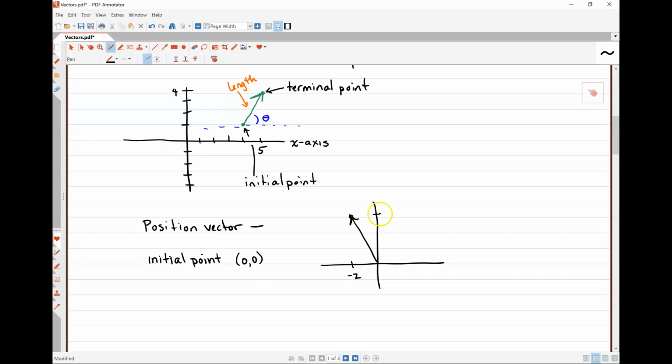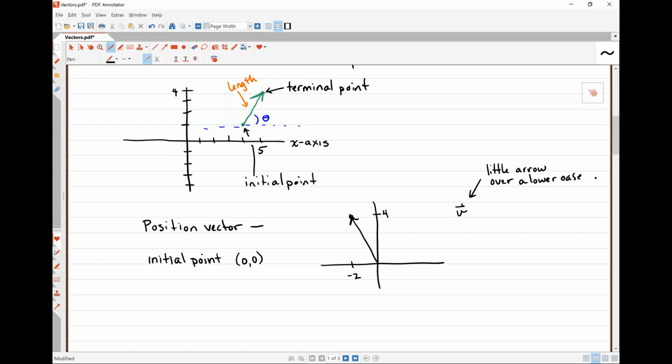And position vectors, so let me label some things on this axis. Let's say this is -2 and here's 4. Position vectors, let me give this one a name too. So I'm going to call it v. Usually the little arrow over a lowercase letter is the notation that we use when we're giving a vector a name. In the text and in typewritten stuff, it's usually no little arrow and it's just a bolded variable letter.